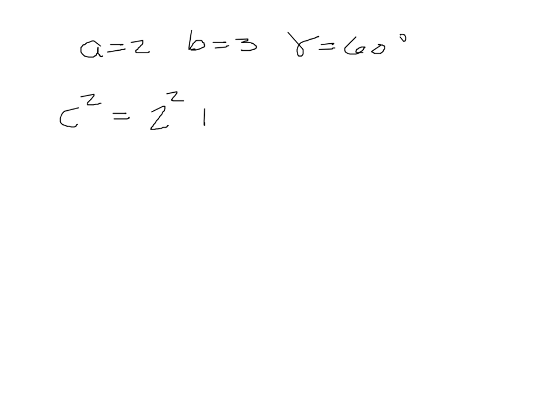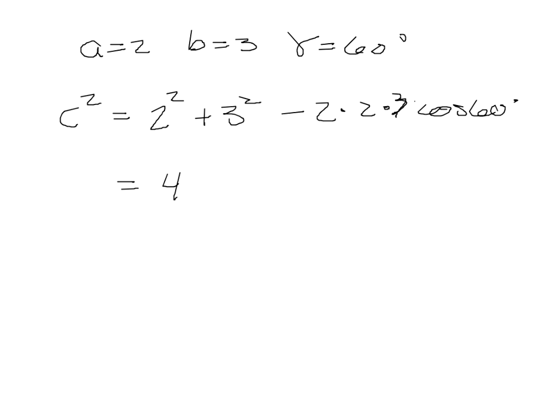Okay, so for our example, we have A equals 2, B equals 3, and gamma equals 60 degrees. We're looking for c squared, so we get a squared plus b squared minus 2 times a times b times cosine 60 degrees.